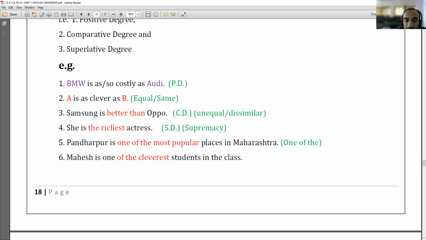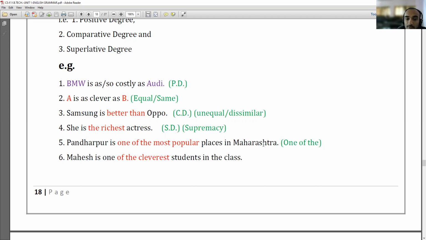So here est, we have added est suffix to the root form, that is rich. So that's why this is called the superlative. Rich, richer, richest.